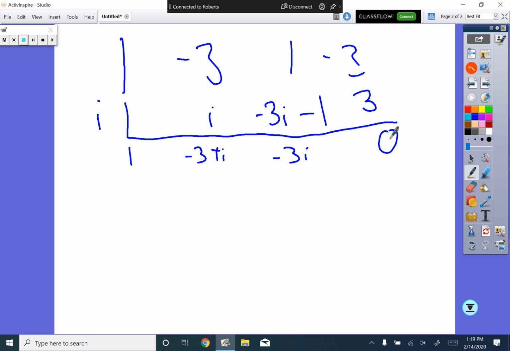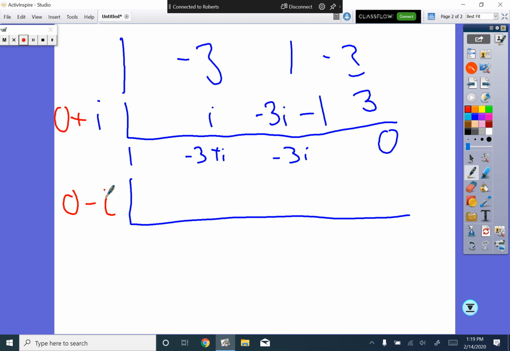Okay, the rule is, guys, when you have imaginary solutions, they always come in what? Conjugate pairs. So notice, I could write this as 0 plus I, agreed? 0 real plus an imaginary part. Okay, so what would be its conjugate pair? 0 minus I, which is just -I.